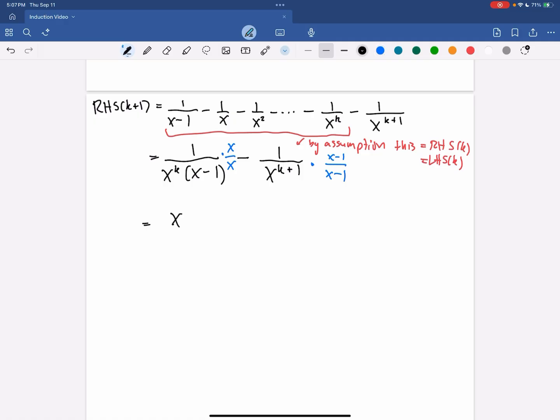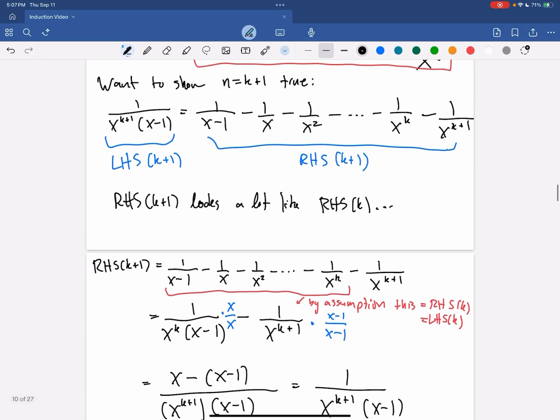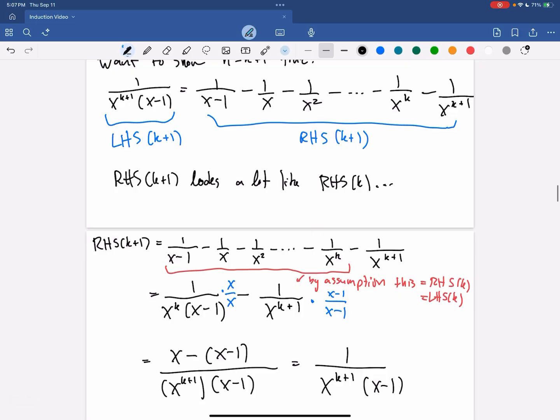So we've got x minus 1 over x to the k plus 1 times x minus 1. And if we simplify, we get 1 over x to the k plus 1, x minus 1. And if we look up, that's exactly what we wanted for the left-hand side for the k plus 1 case. Amazing. That's what we wanted.